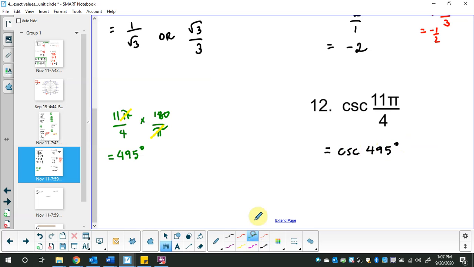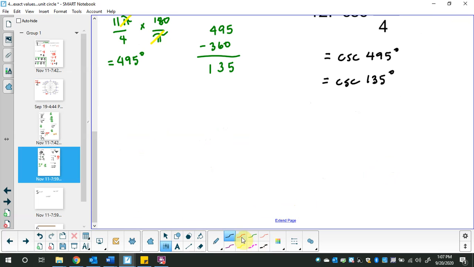Problem is that 495 degrees is not on the unit circle, so this one's got a bunch of problems. So I do the coterminal angle thing, I add or subtract a rotation to put it on the unit circle literally, and I end up with 135 degrees.